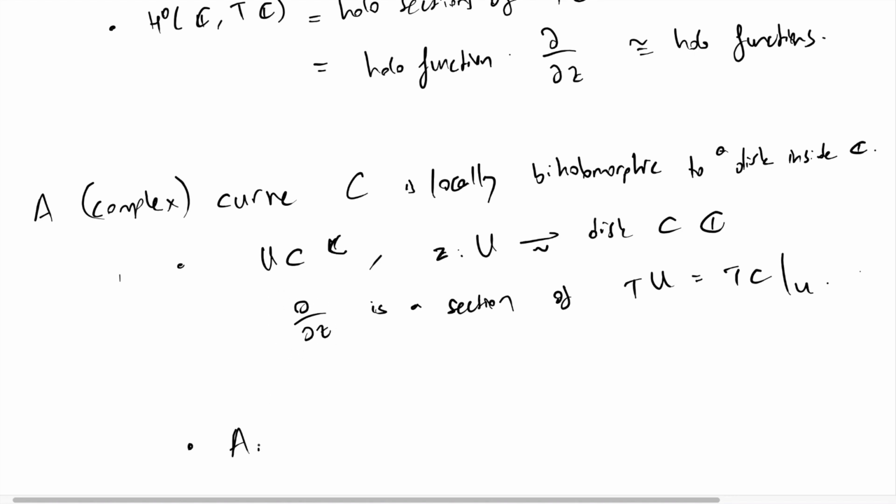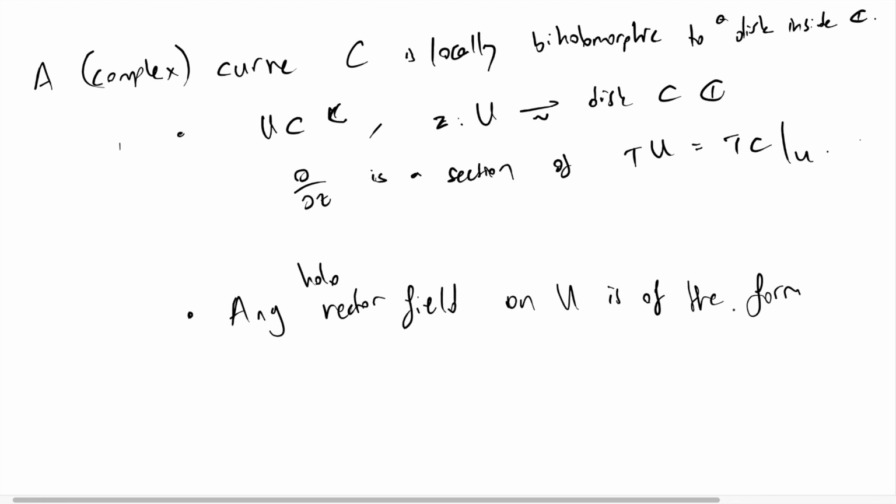So let me write this down. Any vector field, and a vector field is just a collection of vectors at appropriate points, will have to be of the form g(z) times del over del z, with g holomorphic. Right, so this isn't very interesting since C is like the complex numbers.